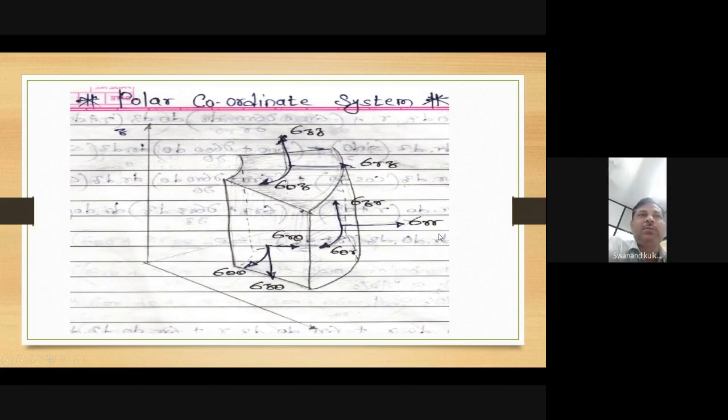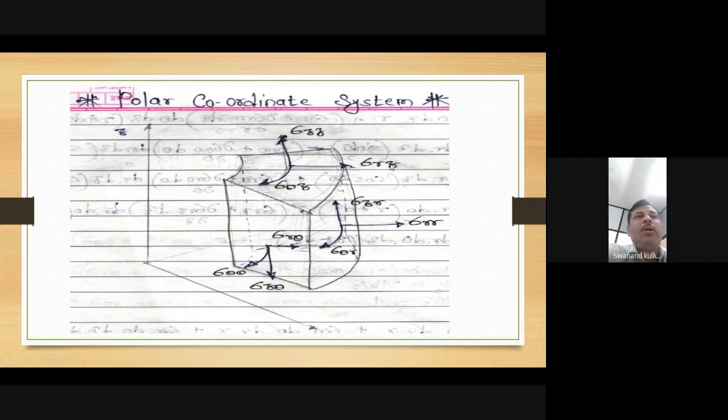Sigma rr is stress along radial direction, then the component of stress along angular direction, and the component of radial stress along vertical direction.